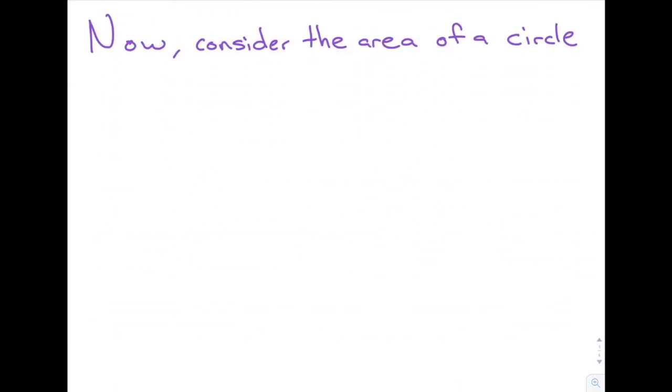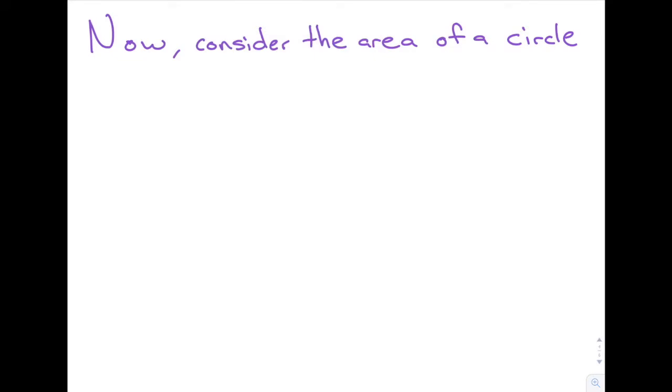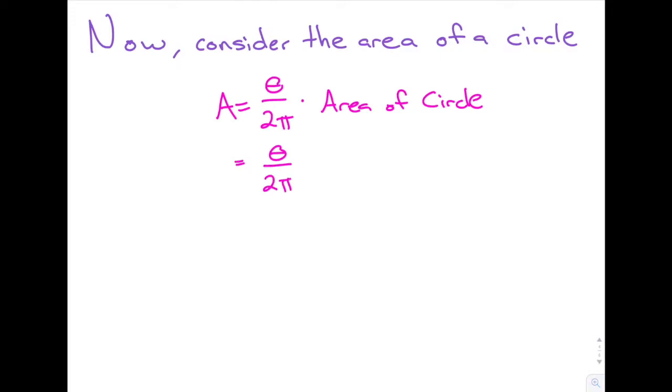Now consider the area of a circle. Thinking about the same kind of idea here, we can derive the area of a circular sector by saying A equals some fractional amount, theta over 2 pi, times the area of the circle, which we know, for a circle with radius r, is pi r squared.